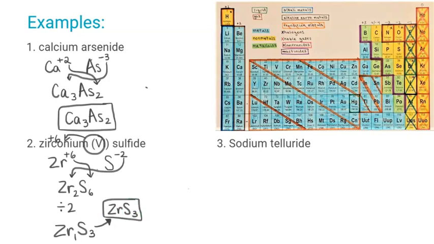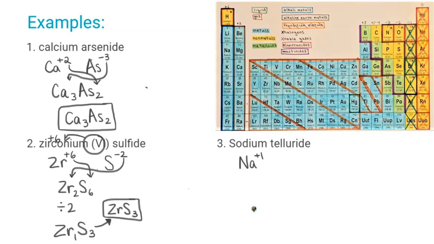Our final example is sodium telluride. So sodium has a weird chemical symbol. Sodium is Na, and hopefully you're starting to get used to the chemical symbols. Our sodium is in the +1 column, so the ion symbol for sodium is Na with the +1. And then tellurium, or telluride, is over here in the -2 column.